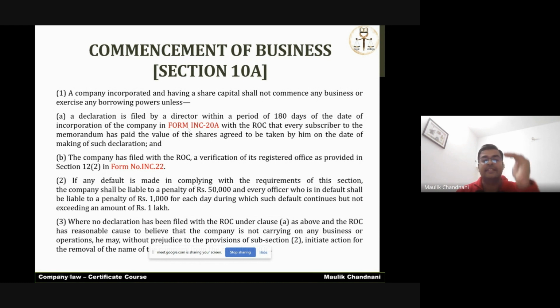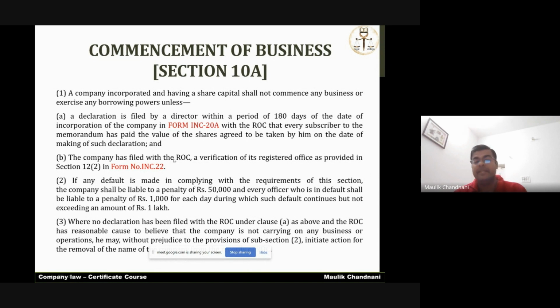See, this is the INC series which deals with the incorporation forms. So INC 20A declares that every initial subscriber had subscribed to the shares and had paid the value of the shares within 180 days, so that this declaration can be made.